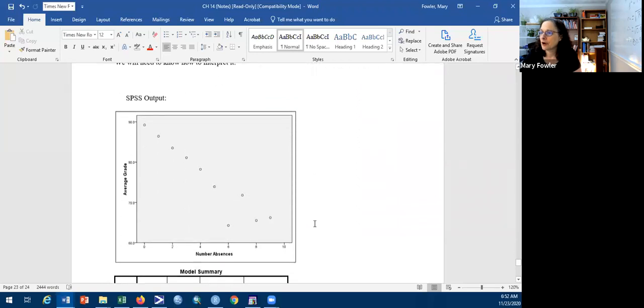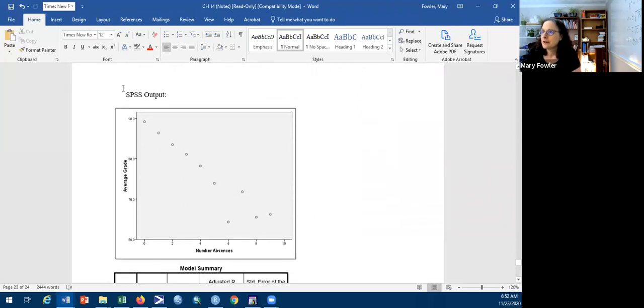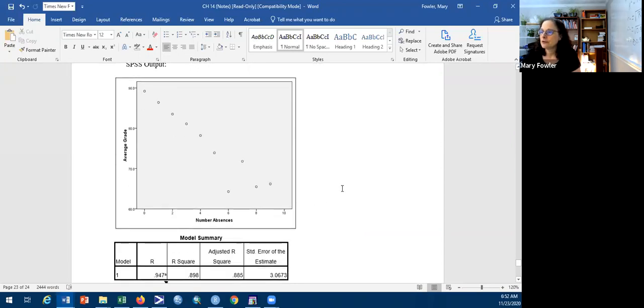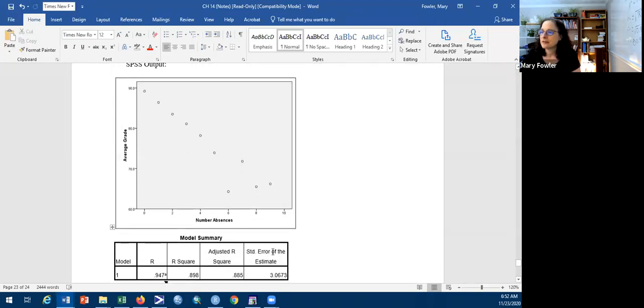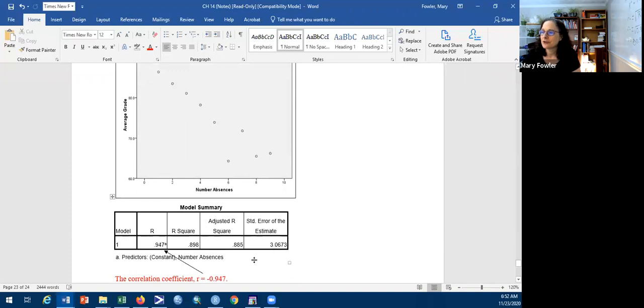This is a picture of the data we worked on earlier in the chapter, number of absences and average grade. Okay, and this is from the software system SPSS, and you can see here how they report the linear correlation.